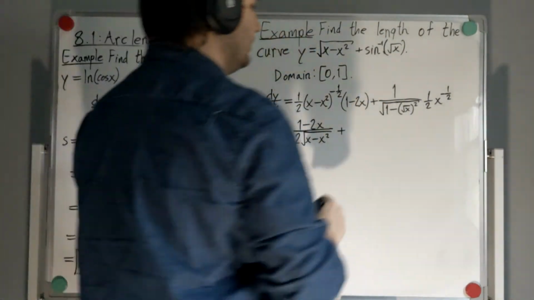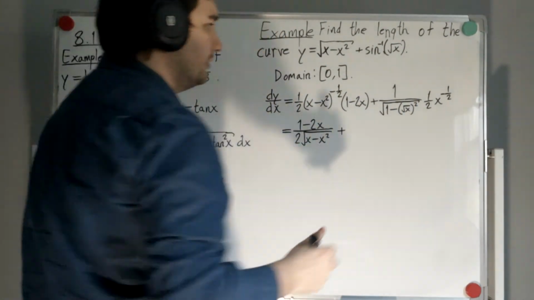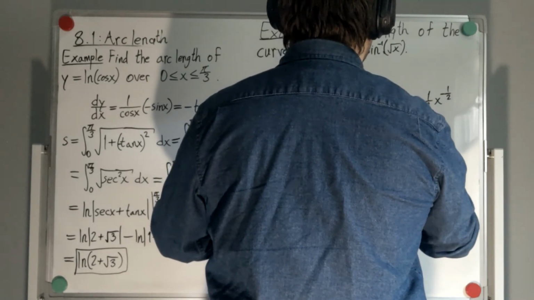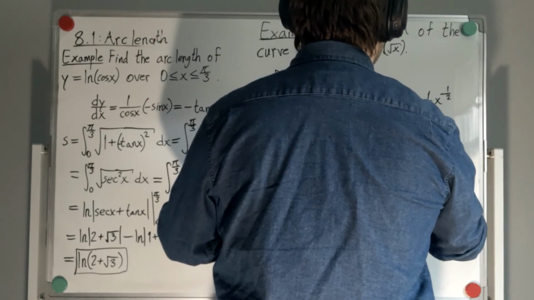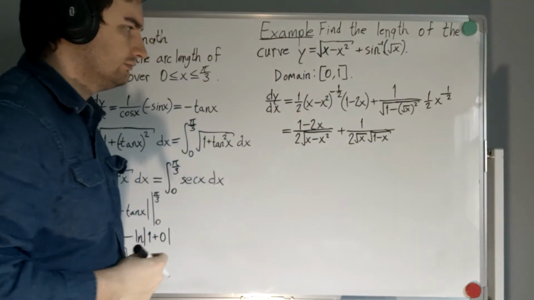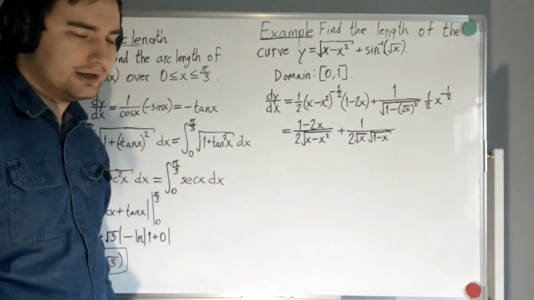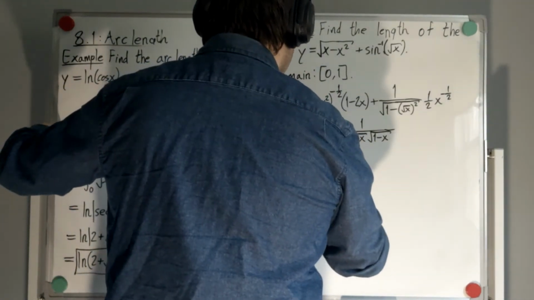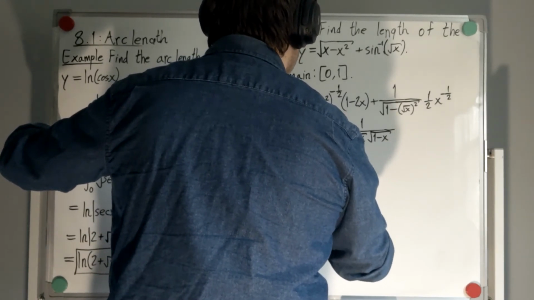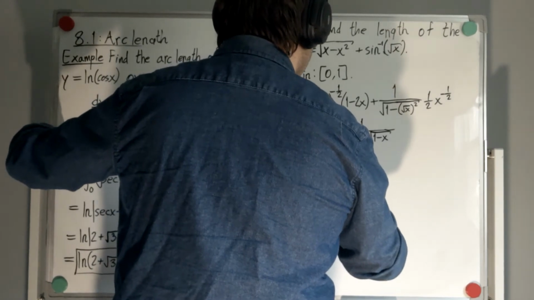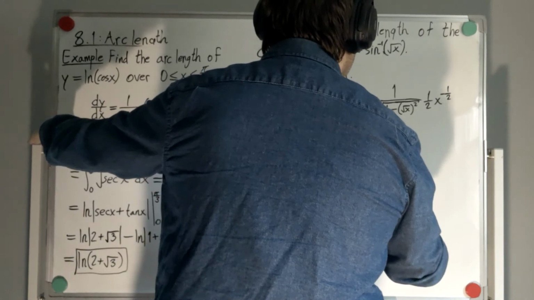This one over here, well, square root of x squared is just x. So this is 1 over 2 square root of x times square root of 1 minus x. You can multiply these two together, the square root of x and the square root of 1 minus x. So then this becomes (1 minus 2x) divided by 2 root (x minus x squared) plus 1 over 2 root (x minus x squared).